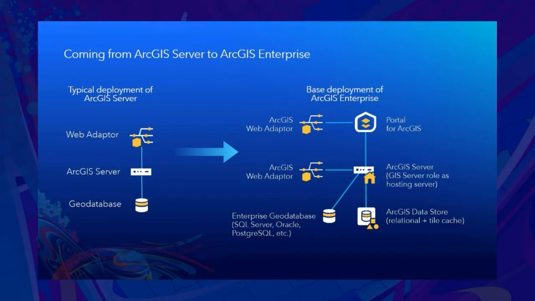And of course, we have the Portal for ArcGIS, the ArcGIS Server, which is in the form of a hosting server in this case, the ArcGIS Data Store as in the relational and tile cache flavors. And then we can even still have those connections out to enterprise geodatabases or other content that's on disk. That's certainly still a very valid paradigm to utilize those data sources and bring those into our base deployment of an ArcGIS Enterprise.